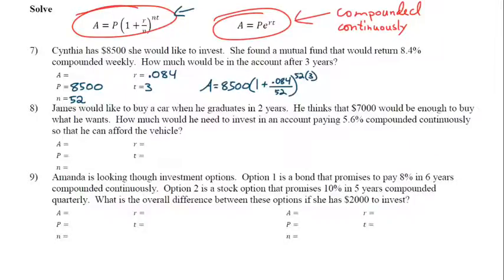And then shove all that in your calculator. Take a second, pause the video, and do it. I'm going to do it right now. And you will have $10,933.84 in your account after 3 years. Which isn't too bad. 3 years you make, well, $3,400 actually.